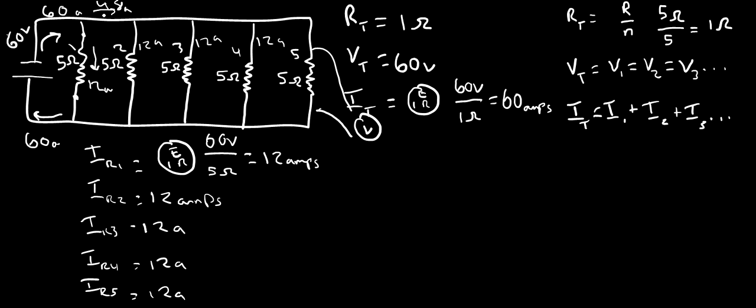Another 12 amps will be deducted, and you'll get 36 amps left over. Another 12 is deducted here, and you'll get 24 amps left over. And another 12 is deducted down this branch, and you'll get 12 left over. It comes around the corner here, and it starts combining.